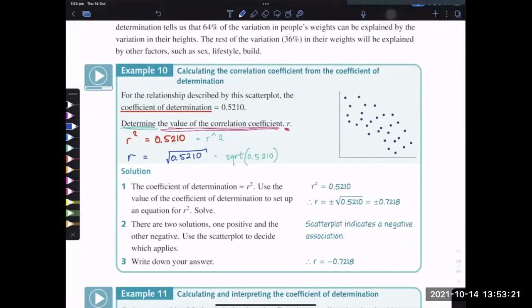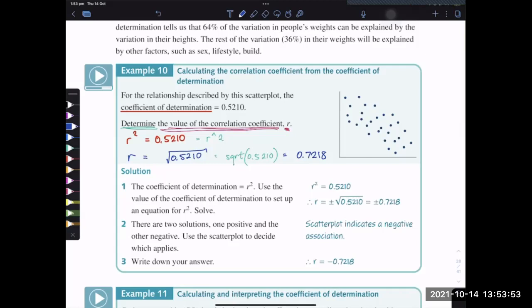So we found out that this square root is 0.7218. Are we happy with that answer though? No. Why not? Doesn't it have to be a negative? Yeah, you're on the right track, that's correct.